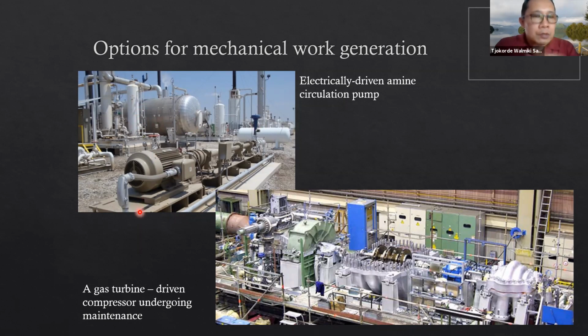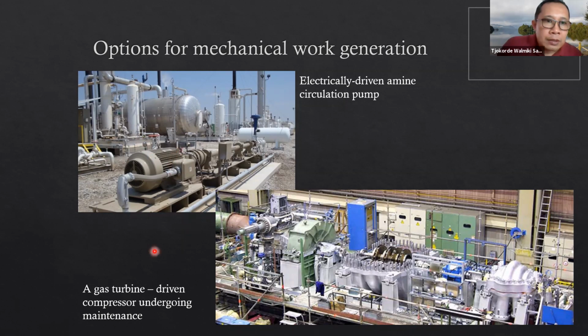The 2 pumps that are working don't even work at 100% capacity. They probably only work at 30%, 40% capacity. Again, that's to maximize reliability, to decrease as much as possible the chance of the amine circulation stopping. That's how important amine circulation is.